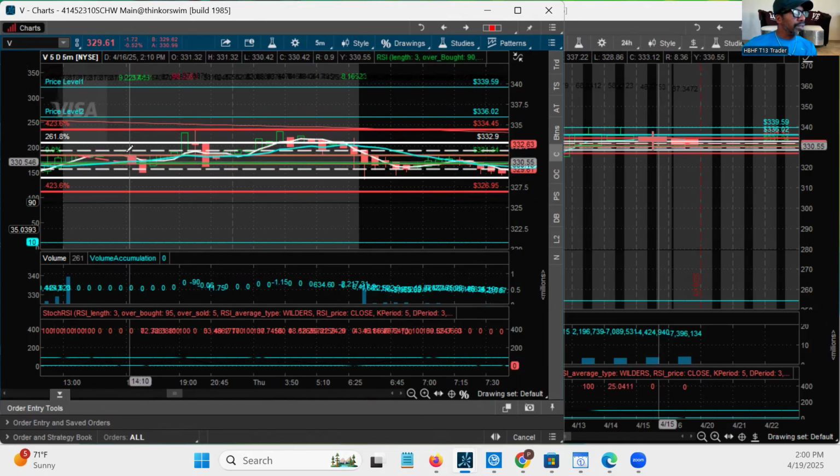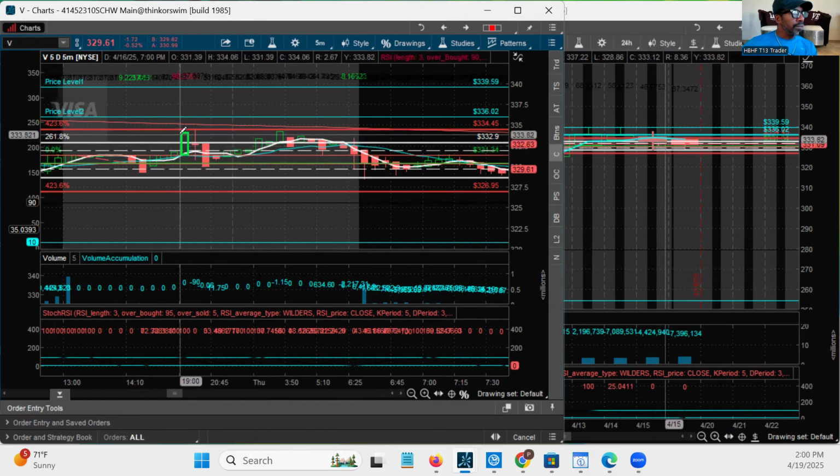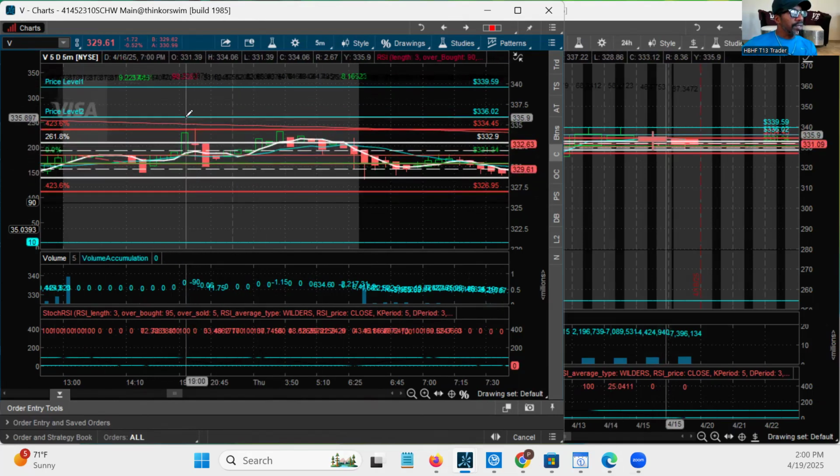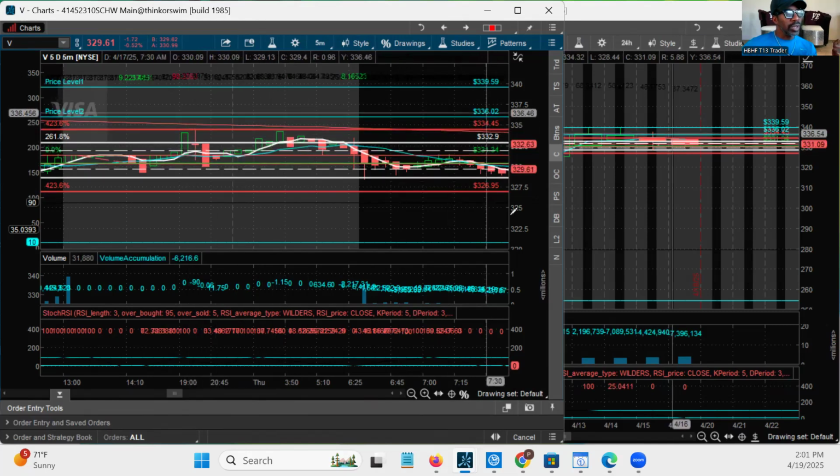So it came off there and held support, but it didn't break the past market low or open. So it opened up below.